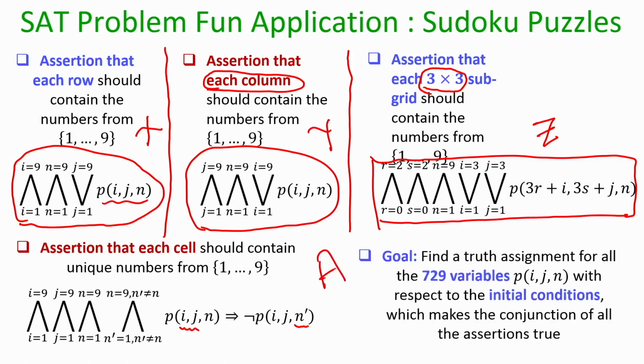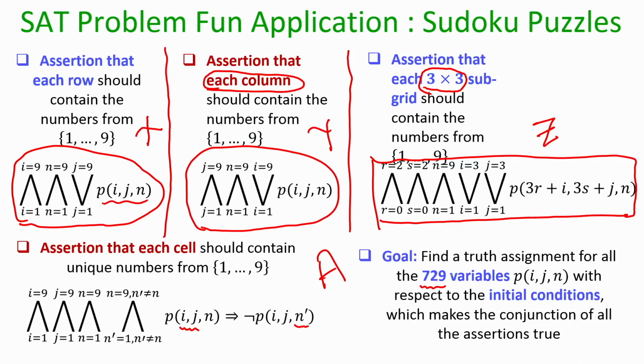Now, the goal for a Sudoku puzzle solver is the following. It has to find the truth assignments for the propositional variables p, I, j, n. And how many such propositional variables are there? There are 729 propositional variables, because I ranges from 1 to 9, j ranges from 1 to 9, and n ranges from 1 to 9. Namely, I have to find the truth assignments for each of the 729 cells.